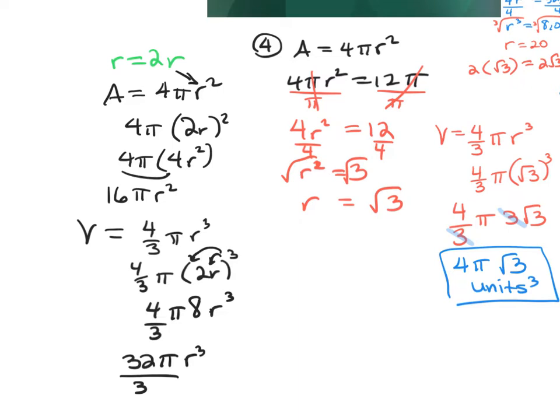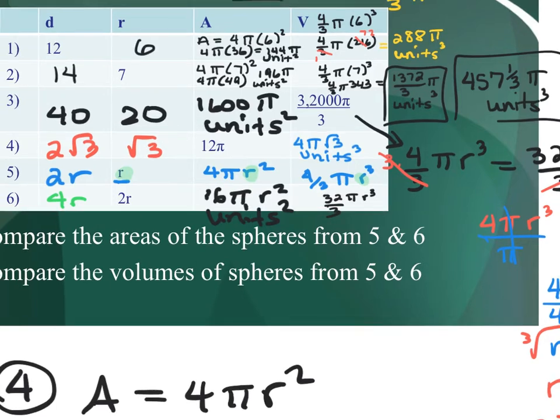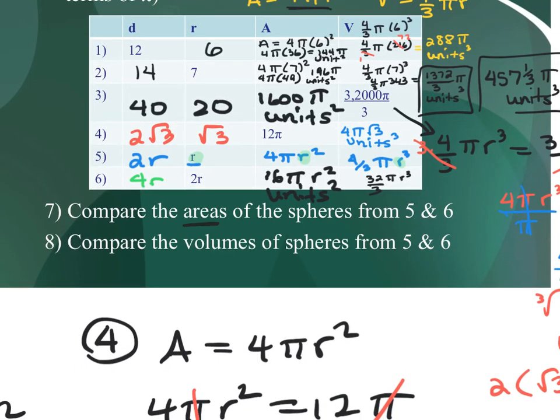So let me go up to the chart and I'll fill that in. So this is 32 pi r cubed over 3. Now, it wants me to compare the areas of 5 and 6.